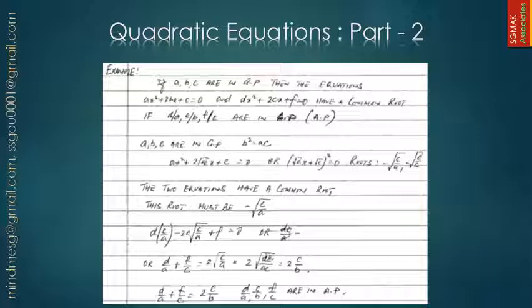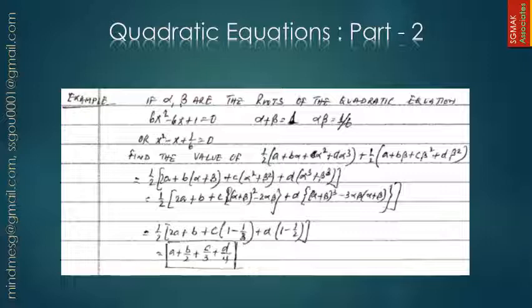If you plug in the value, we get d over a plus f over c equals 2 times e over b, utilizing the relation that b squared equals ac. So d over a plus f over c is 2 times e over b. That means d over a, e over b, and f over c are in arithmetic progression. In arithmetic progression, the successive terms have the same difference. Okay.